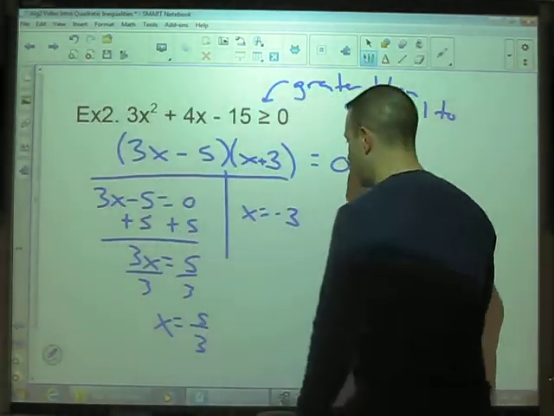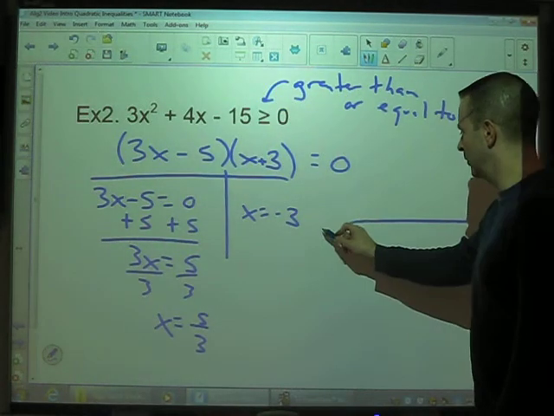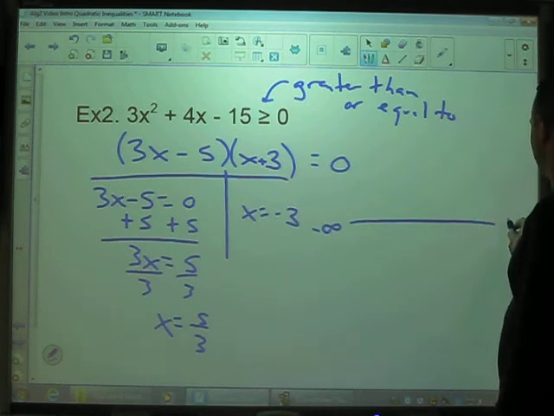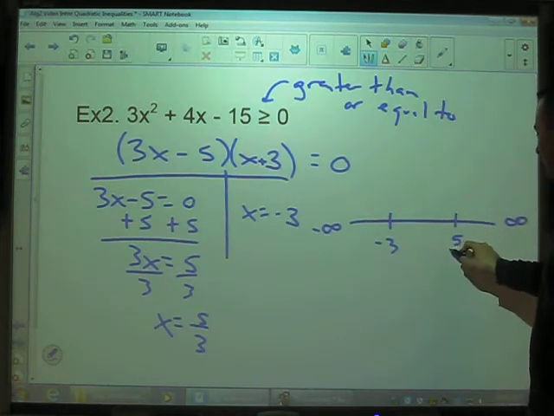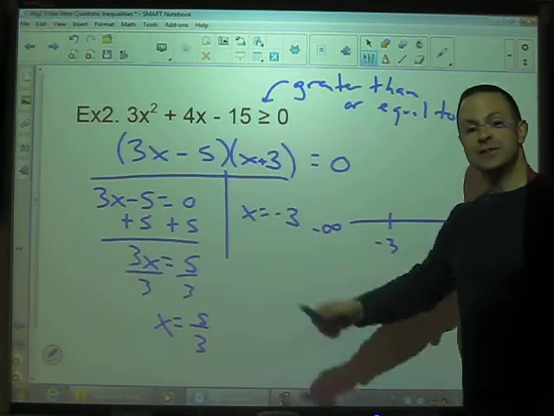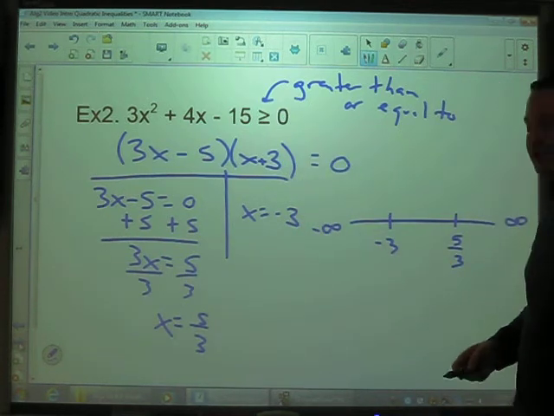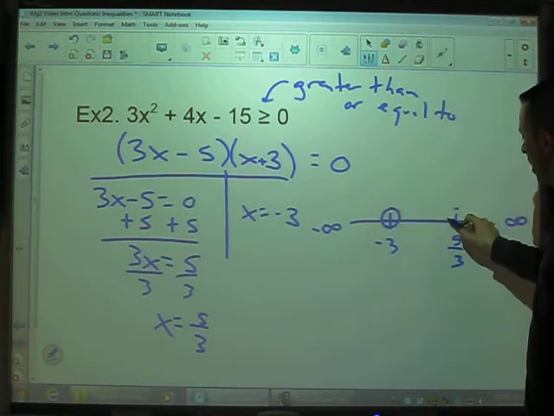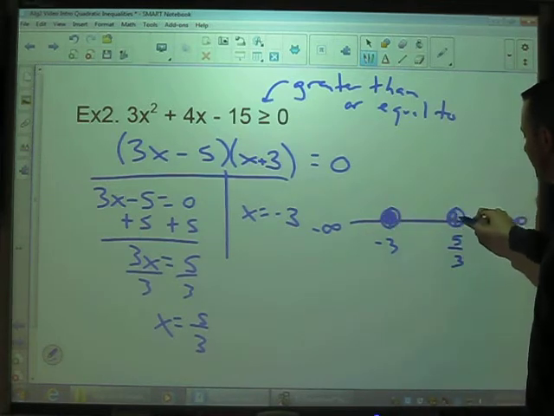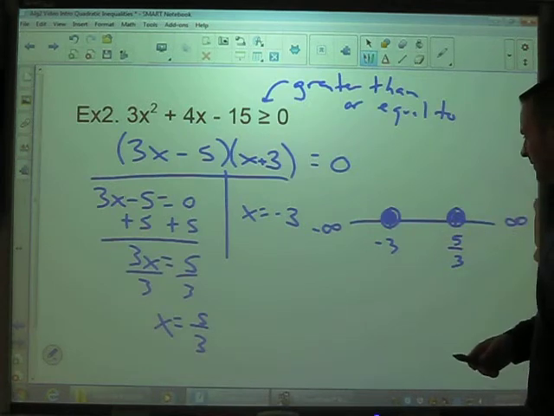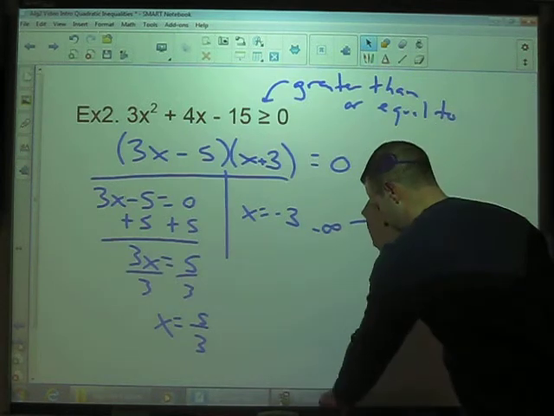When I put these on the number line this time, we'll have negative infinity, we'll have positive infinity, we'll put the negative 3 and the 5/3 over here. Since this is equal to, we want to include those numbers. So now for the first time, I'm going to fill in these circles to represent that we're including the negative 3 and the 5/3. We're going to pick a couple of easy values here.